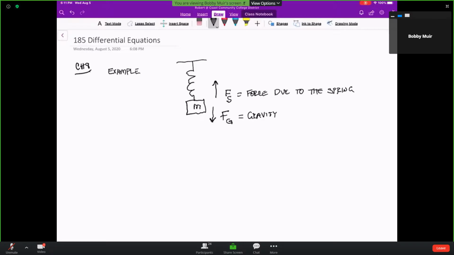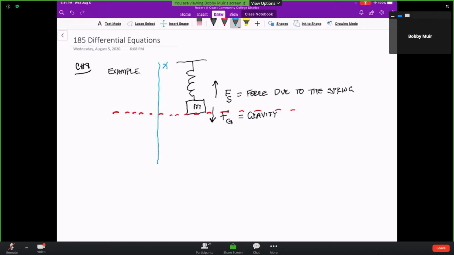Okay, so let's say that this is at equilibrium right here. Okay, like that. And we've got some kind of an axis here. Maybe we'll call it the x-axis.